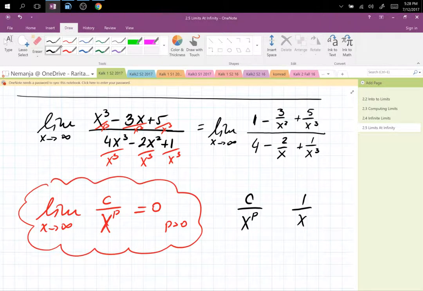The result up there is 1/4. So this is the method to solve these problems as you go along. When you get the division of polynomials or something similar to it, you can do it this way.